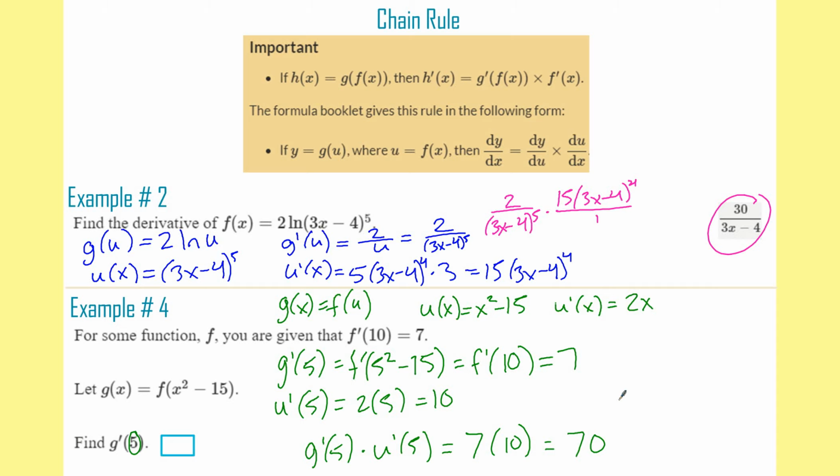So you're doing the derivative of the big function, ignoring the little function, just leave it the way it is, times the derivative of the little function. So let's see, we should get 70. Yes, perfect. So we got it.